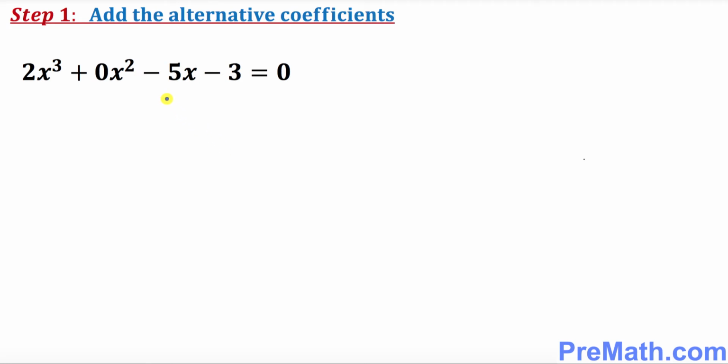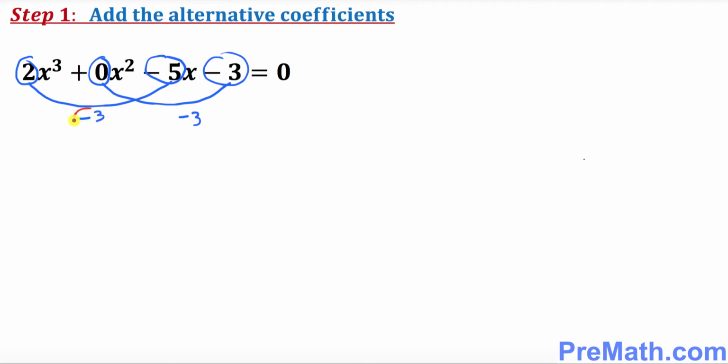In the next step, we want to add the alternative coefficients. What that means is, we're going to add 2 and negative 3, and 0 and negative 3. If you add 2 and negative 5, that's going to give you negative 3, and 0 and negative 3, if you add them, that's going to give you negative 3 as well.